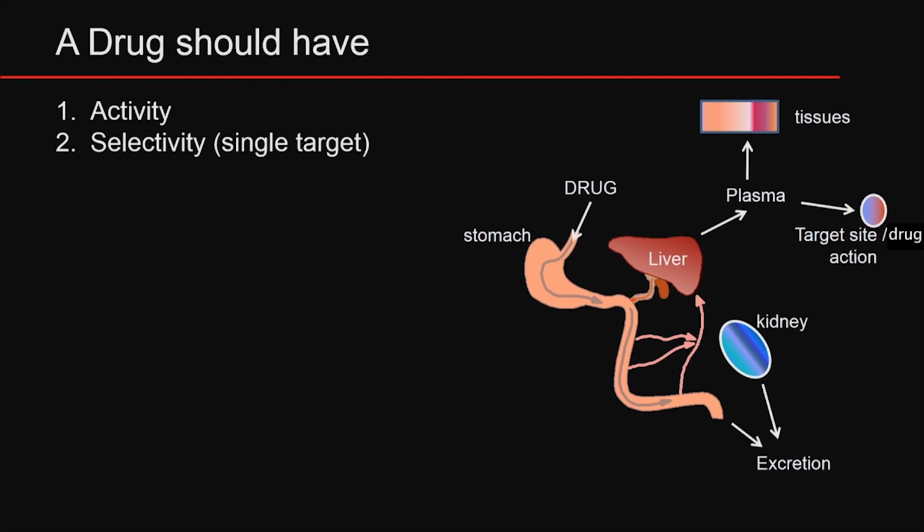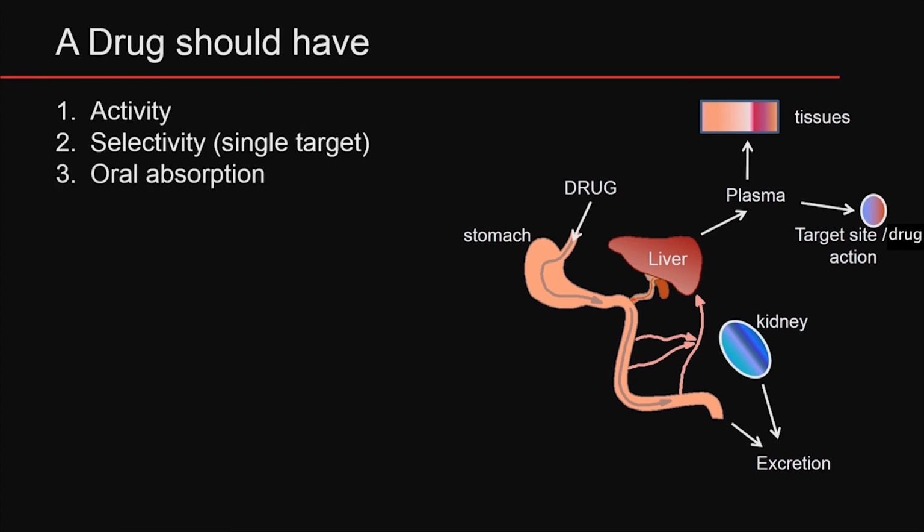We do not want a drug acting on several targets, thereby causing side effects. So it should be very specific to one particular target. If it has to kill a particular type of tumor, it should go and attack only that. If it has to block an enzyme in a certain pathway, it should block only that enzyme, not all other enzymes in that pathway.